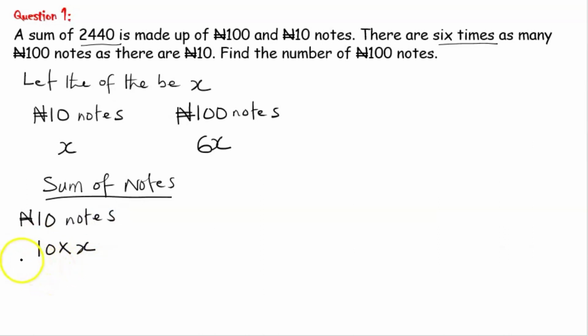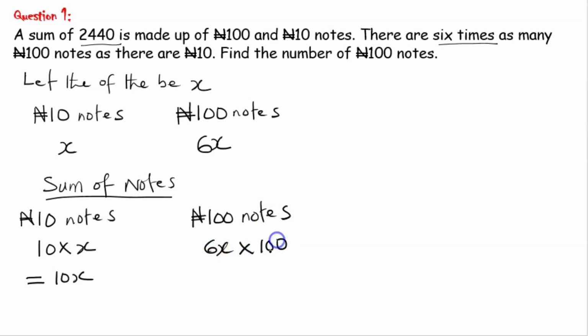So finally I'm going to have 10X. Similarly, the total value of the 100 naira notes is going to be 6X, which is the number of 100 naira notes, multiplied by 100. So the total for the 100 naira notes is going to be 600X.